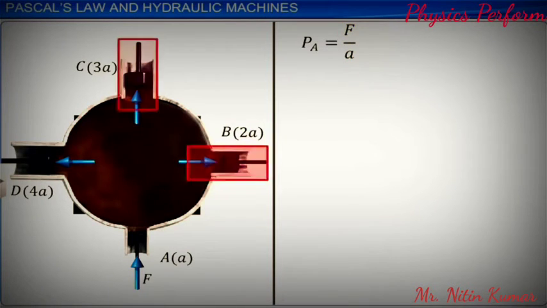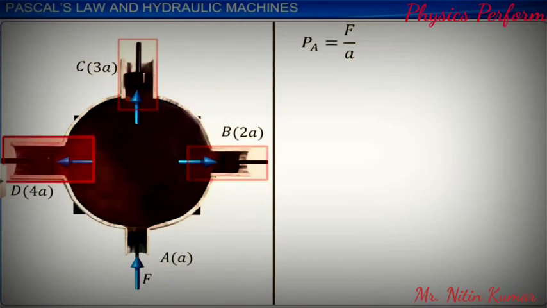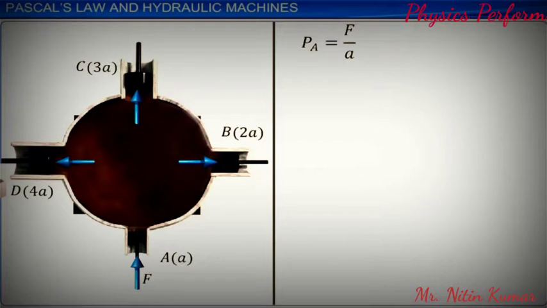However, pistons B, C and D can be held in their position only when the forces applied on them, that is, FB, FC and FD, are equal to 2F, 3F and 4F respectively.